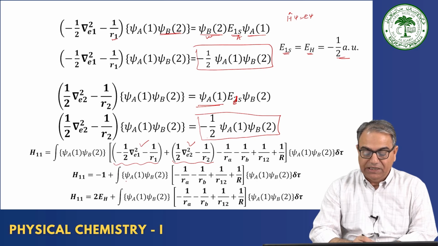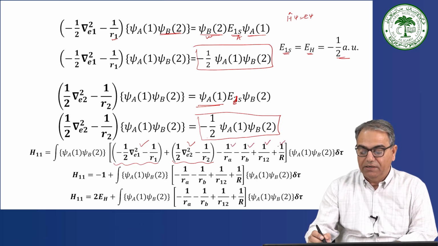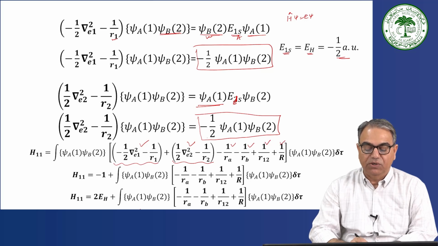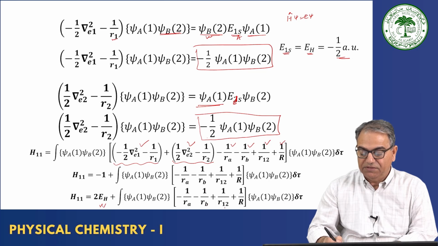The remaining four terms of the Hamiltonian, 1 by Ra, 1 by Rb, 1 by R12 and 1 by capital R, remain in the Hamiltonian, because two parts of the Hamiltonian we have solved and written as minus 1 in their place. Or you can write the energy of two hydrogen atoms, 2 EH. That's the same thing. But the rest of the terms remain: minus 1 by Ra, minus 1 by Rb, plus 1 by R12, plus 1 by R, acting on psi a1 psi b2.